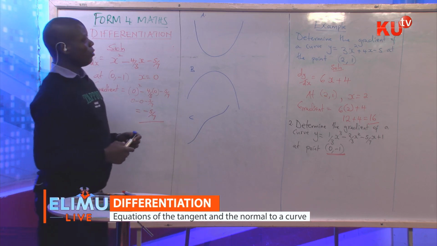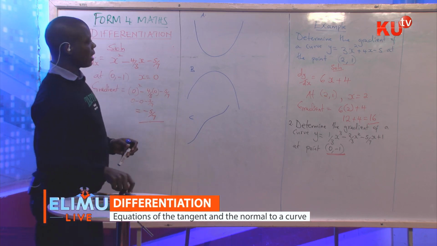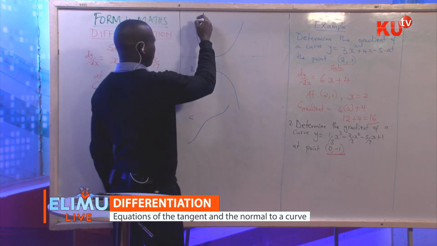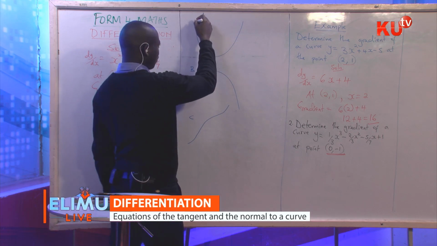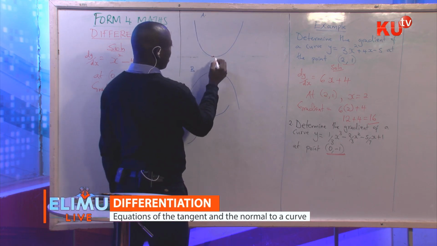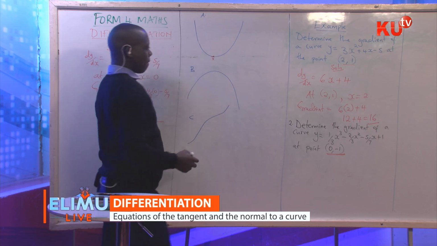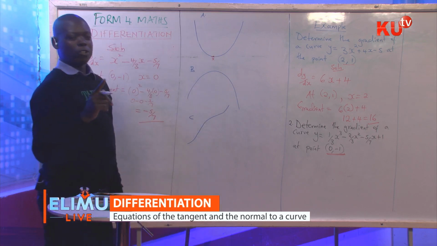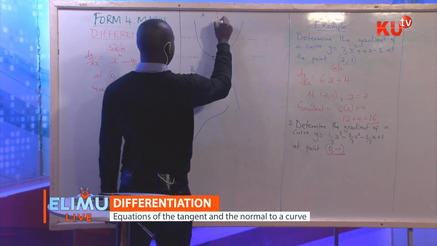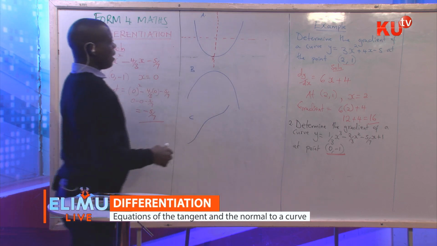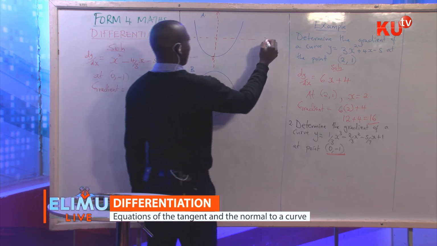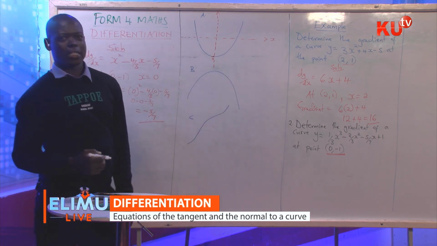You'll realize that as you draw these curves, they are taking different shapes at different points. Curve A is drawn curving downwards and turns at this point, so I'll call this point X. If we draw this on a Cartesian plane, I'll define my point X to be below the X-axis.